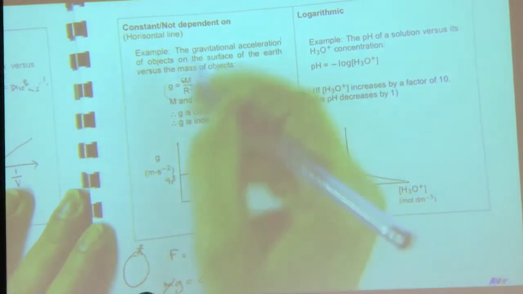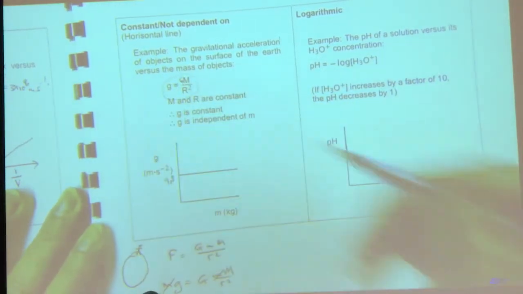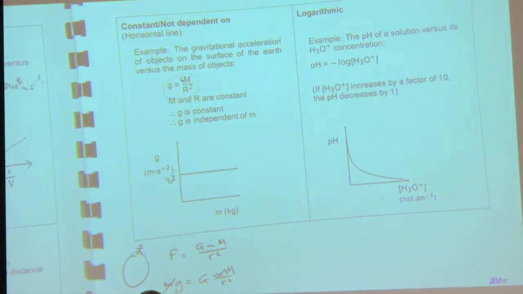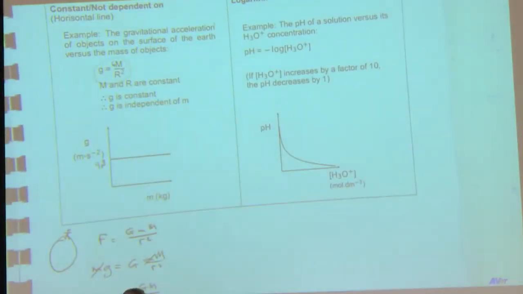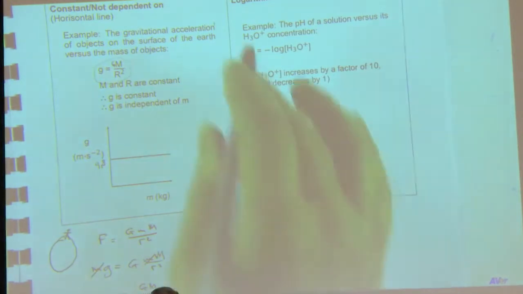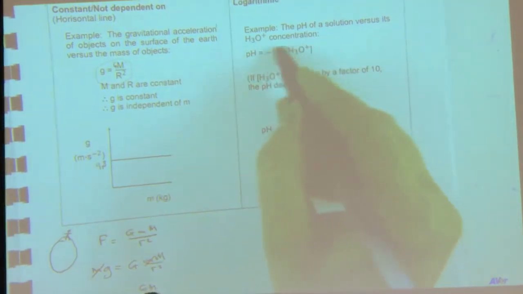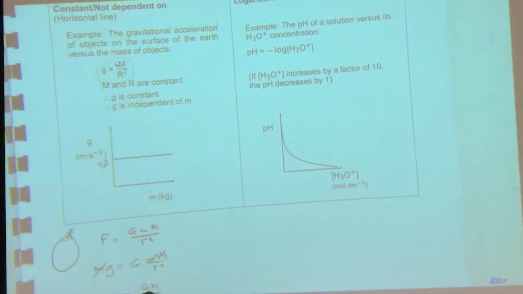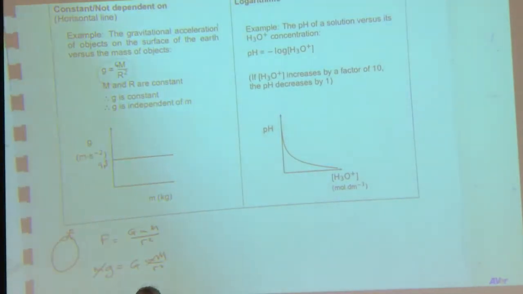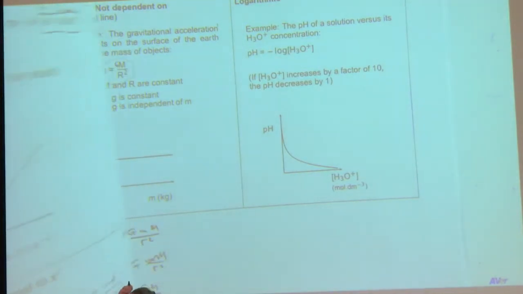Everything at the top is constant. Next year when we get to acids and bases, you will also use the pH graph, because then we look at the log graph, but we're going to skip that one for now. So this is how they derive the equations, or how we go from equations to graphs.